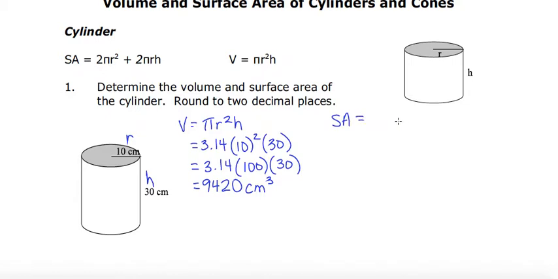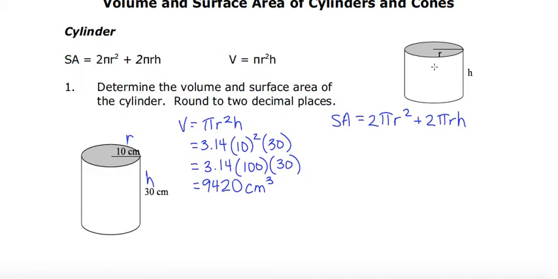The surface area of a cylinder can be found by taking 2 times pi r squared plus 2 times pi times r times h. So I've taken the area of 2 circles and the area of what would be a rectangle if I was to unfold it all the way around.